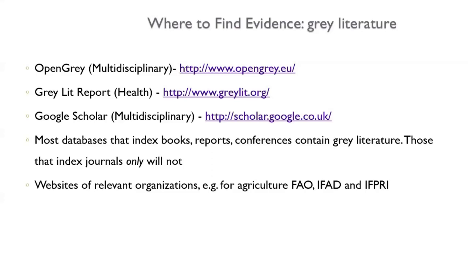We have OpenGrey, a multidisciplinary database, and you may get this and other sources of gray literature, or literature that probably is not within the category of peer-reviewed literature that we always talk about. Others include reports, and they may be important because you need a lot of information about a certain issue that is not very well explored by scholars who write journal articles. And therefore, at that point, you may want to go for these other types of literature, including reports, theses, and so on.